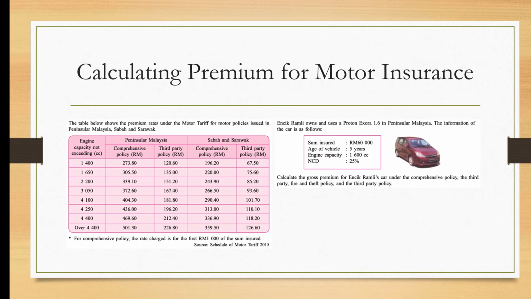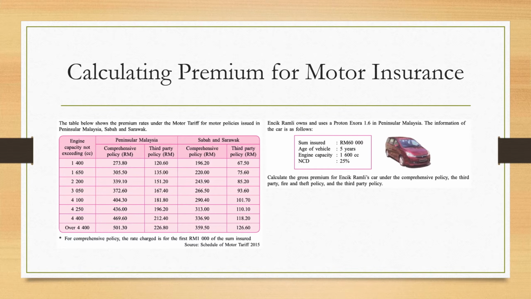Alright, so we have a sample example right here. Inchit Ramli owns and uses a Proton Exora 1.6 in Peninsular Malaysia. The question will usually give you whether it is Peninsular Malaysia or Sabah Sarawak, and then the sum insured, age of vehicle, engine capacity, and NCD. NCD refers to no claim discount.